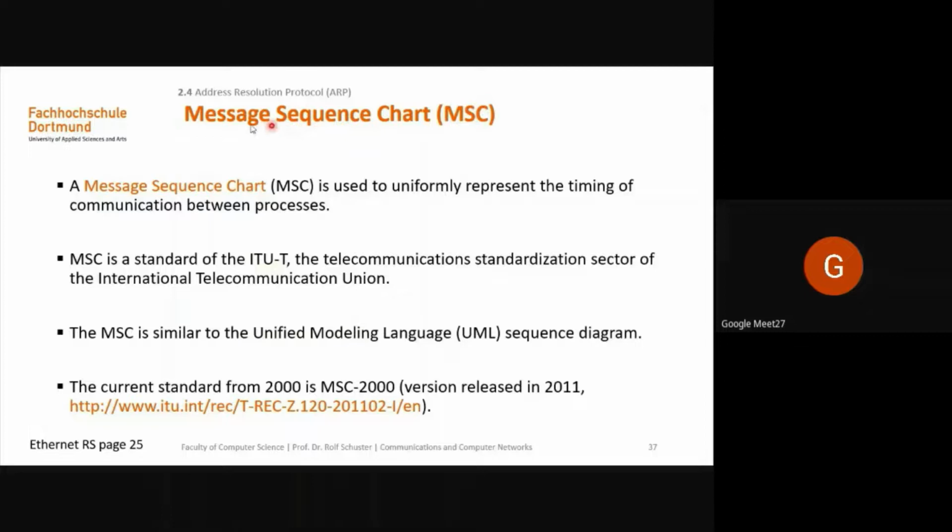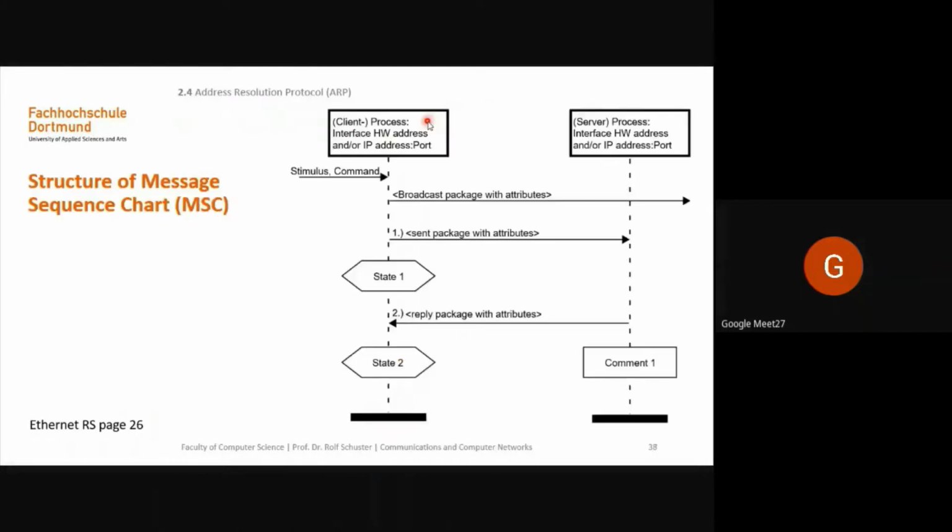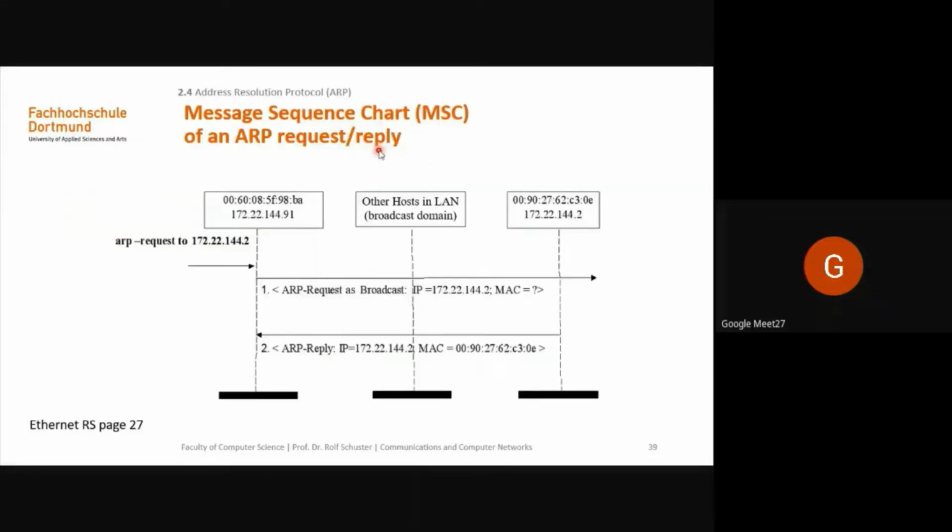And this standard is called message sequence chart, and this is typically a generic chart, but in the case of ARP request and reply, we could represent the exchange of the ARP messages in that way.